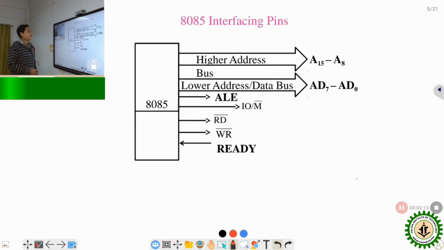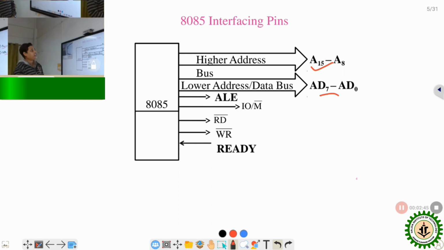In case of 8085, we know that it has 16 address lines which are divided into two parts known as higher order address lines and lower order address lines. Namely A8 to A15, which are called higher order addresses, and AD0 to AD7, which are multiplexed address and data lines.